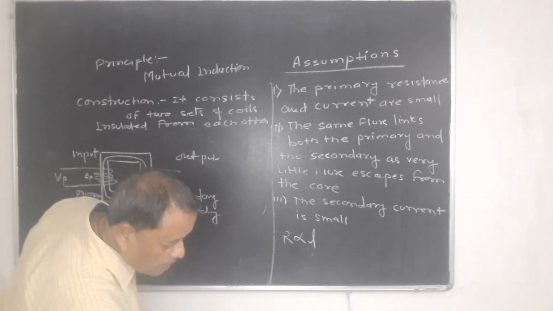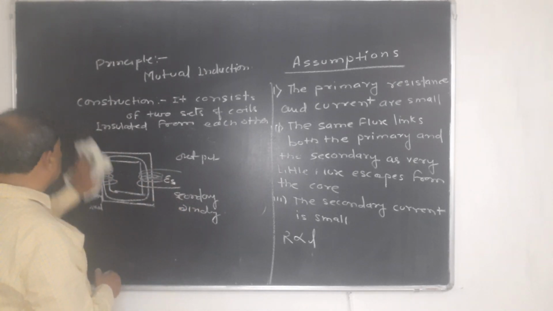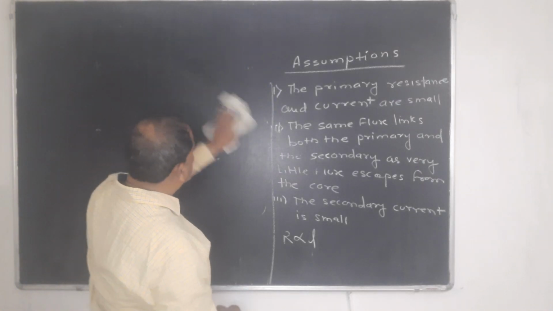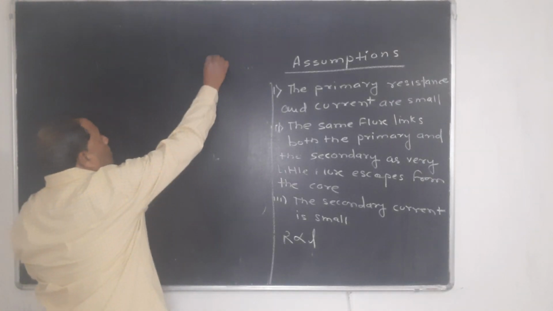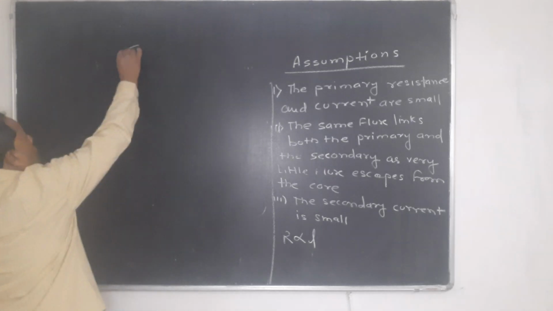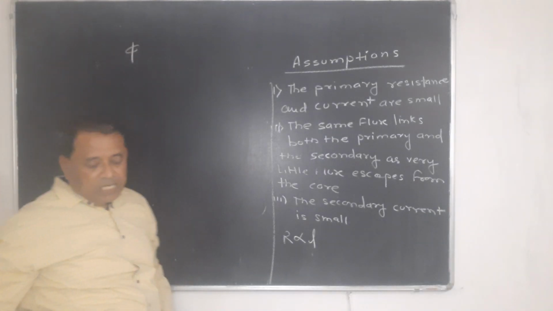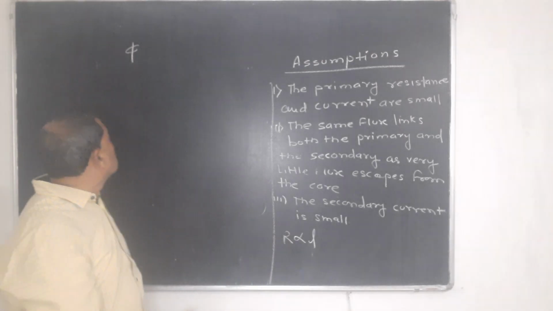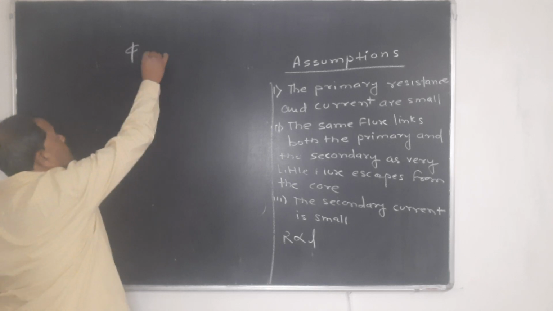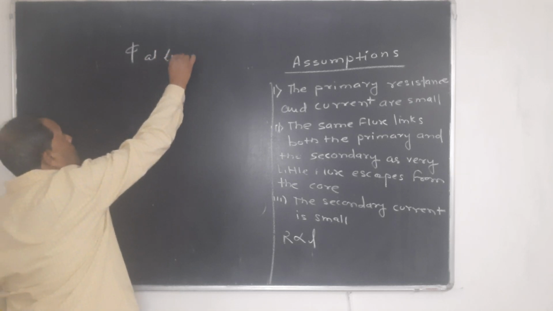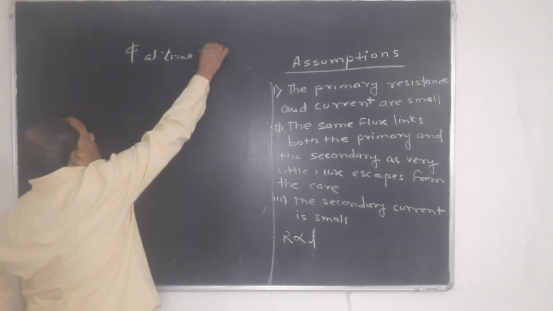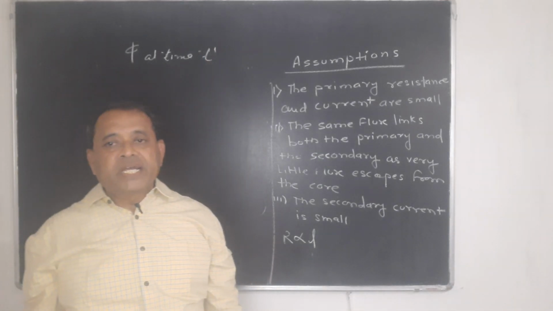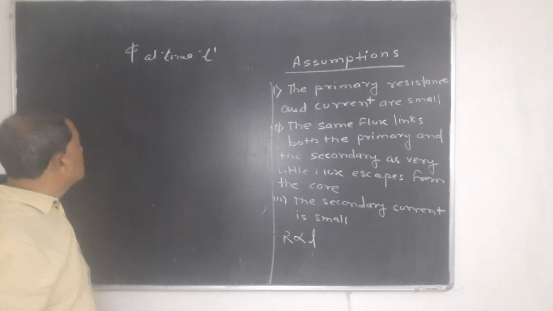Now, phi is the flux in each turn in the core at time t, due to current in the primary when voltage is applied in the primary.